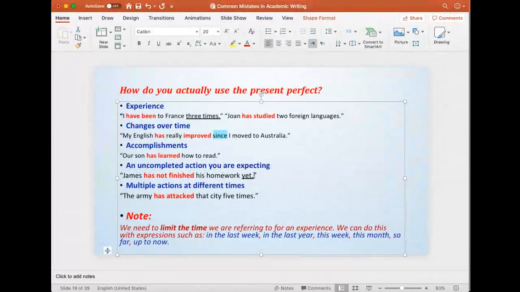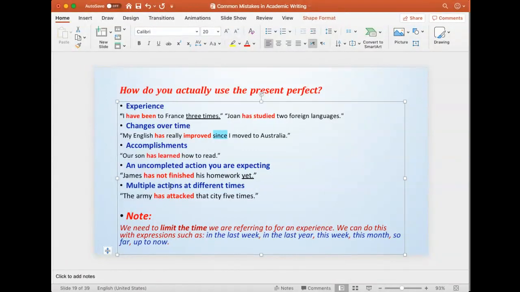An uncompleted action you are expecting. For example, James hasn't finished his homework yet. So he's still doing his homework. He might take extra time, might be 1 day, 2 days, 1 hour, 2 hours. We don't know, but we just want to communicate that he is still in an ongoing process.